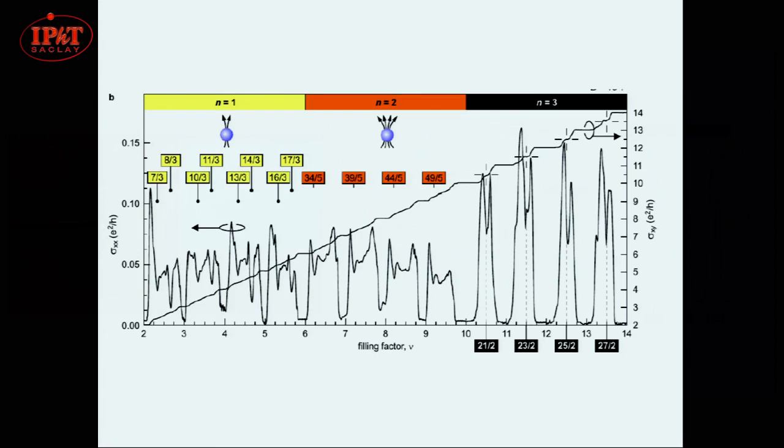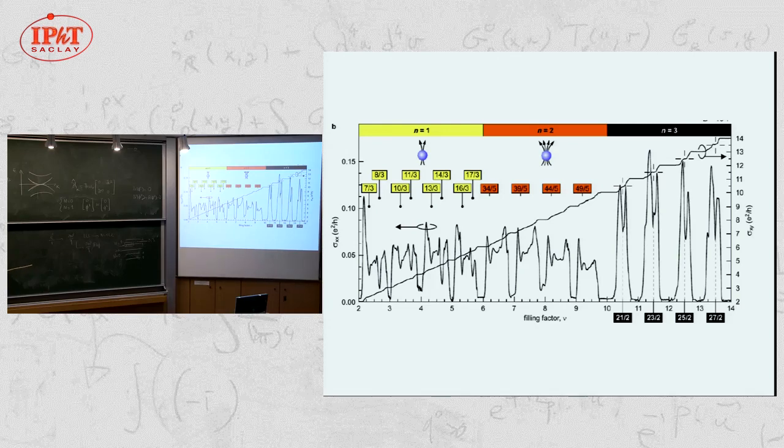So, in the case of graphene, the situation leads to even more cases in which you have even denominator fractions. These are measurements of the quantum Hall effect in graphene, in which you are looking at several different orbital Landau levels: n equal 1, n equal 2, n equal 3. What you see is quite a strange phenomenon.